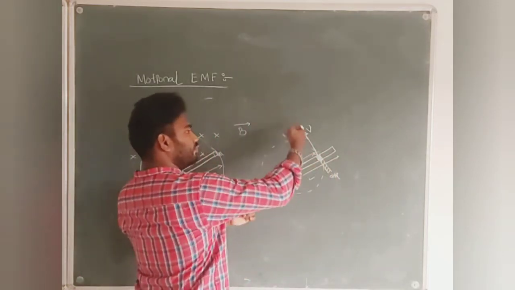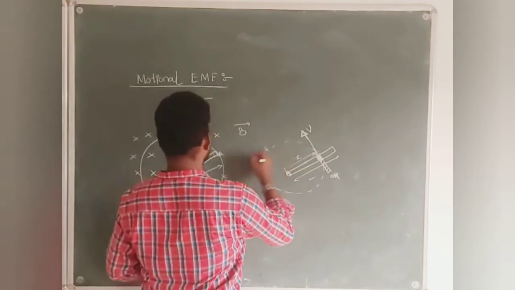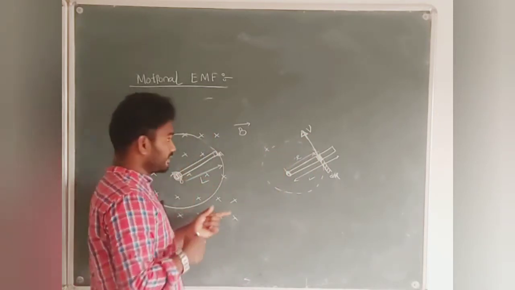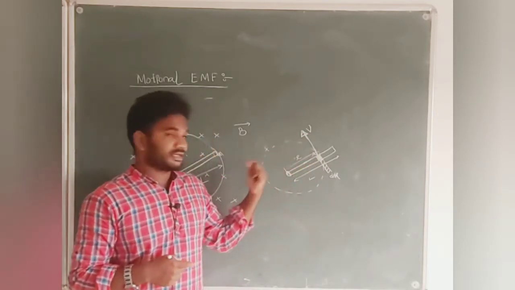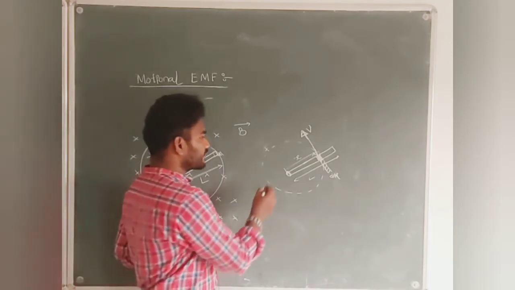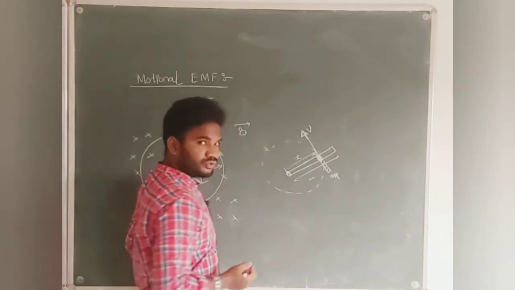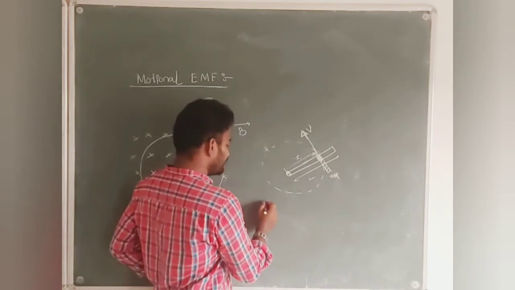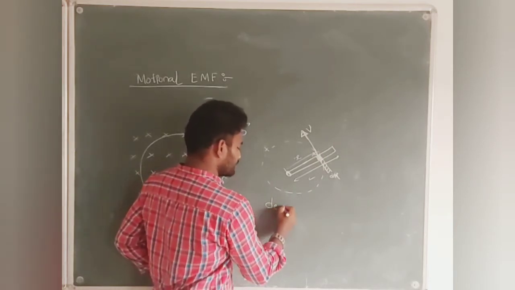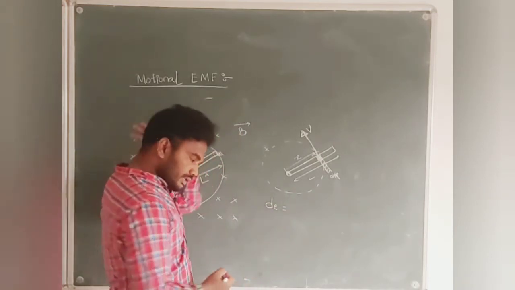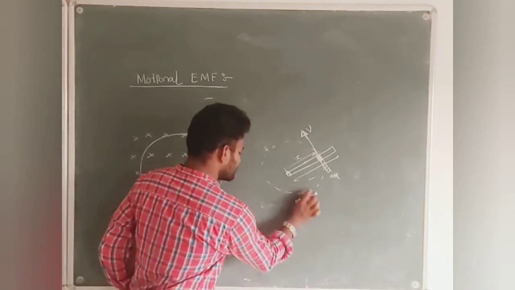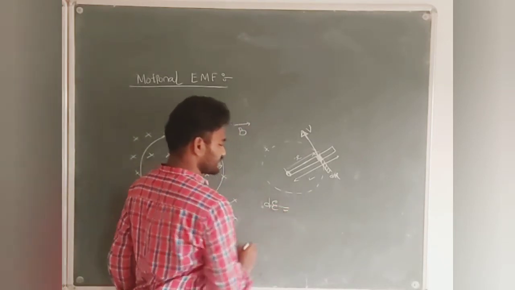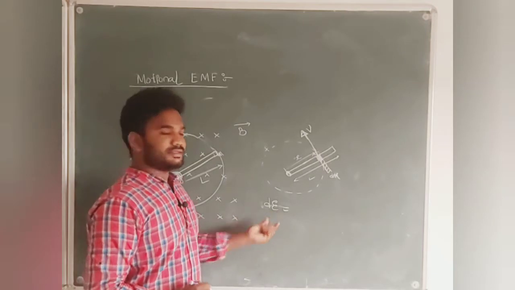Now it has started to move perpendicular to the magnetic field. See, this is an inward magnetic field. Already you know this very well. Now, if you want to find the EMF generated, you know the formula. What is that? Motional EMF. So dE, why do we have to take dE? Small e is equal to what?